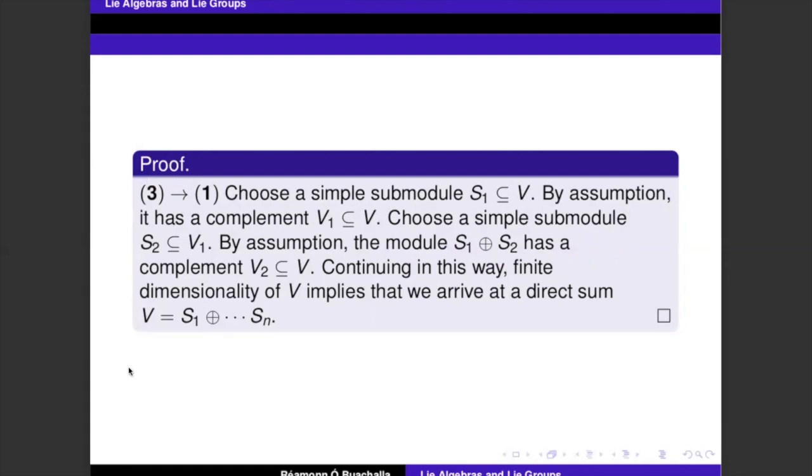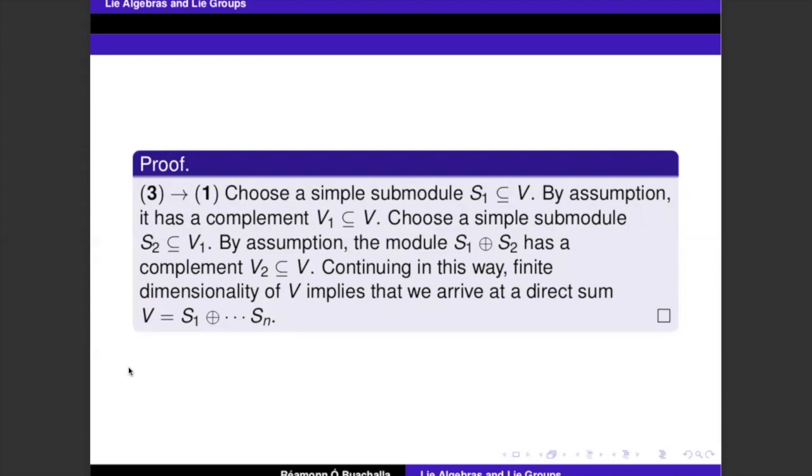You can always choose a complement, and choose a submodule. Now choose a simple submodule inside V2. If V1 were simple, then we'd be done. If it's not, we can choose a simple submodule inside there.